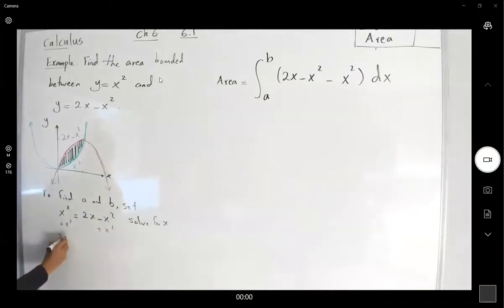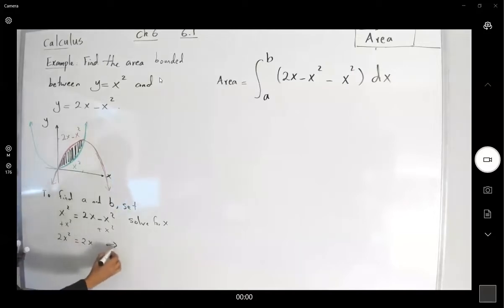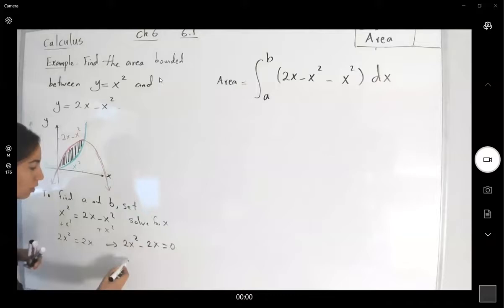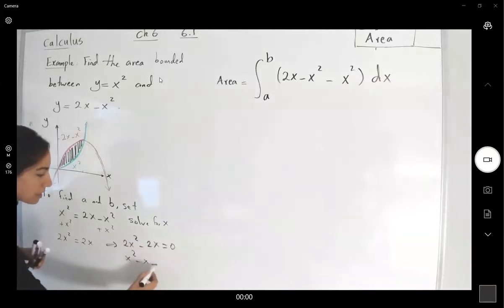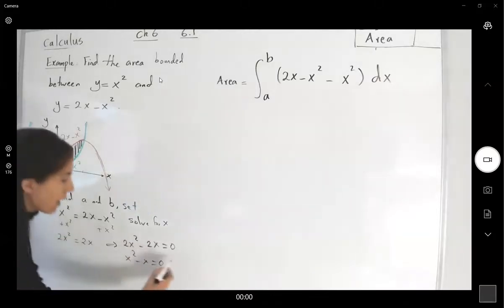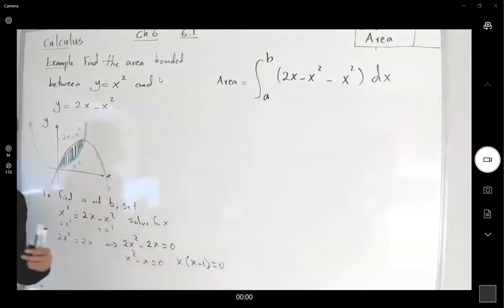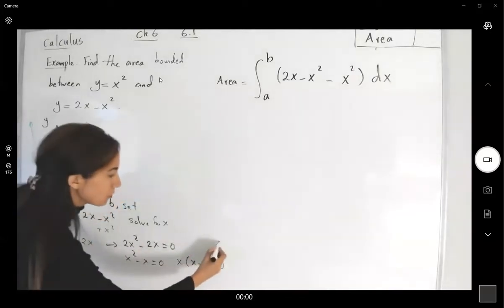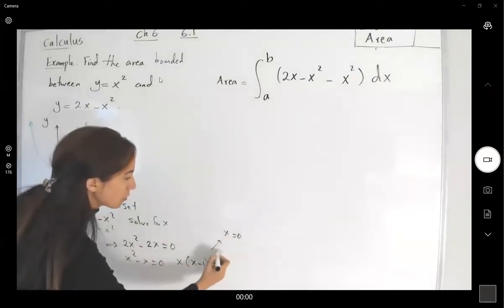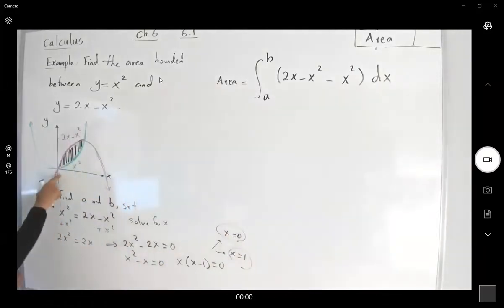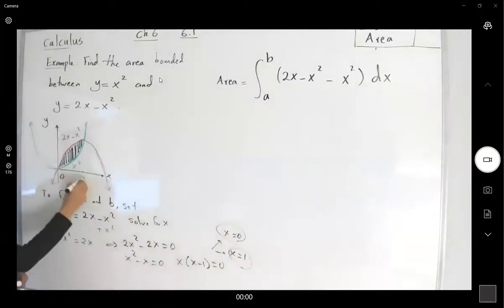You get 2x squared equals to 2x. Then subtract 2x from both hand sides, and you get 2x squared minus 2x equal to 0, or x squared minus x equal to 0, or x times x minus 1 is 0. So as you can see, x is 0, or x is 1, between 0 and 1.